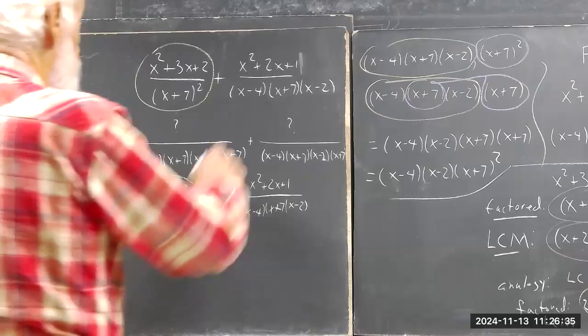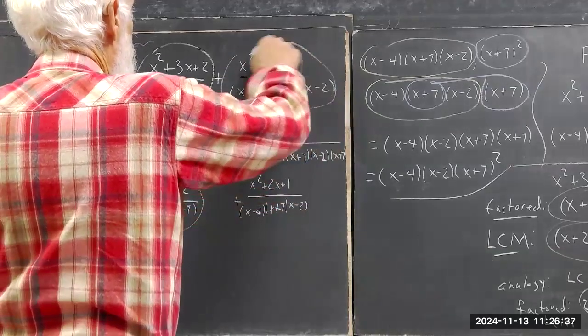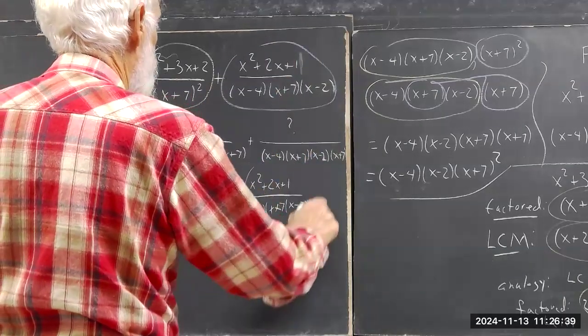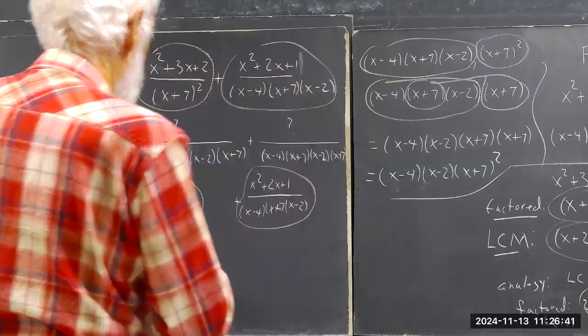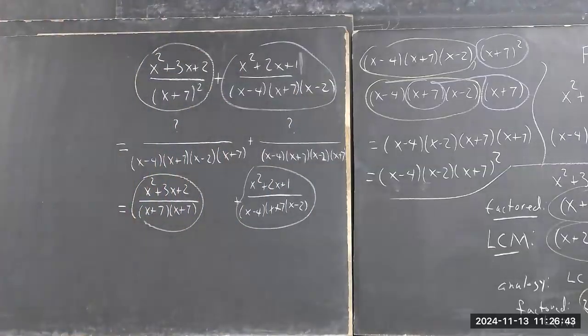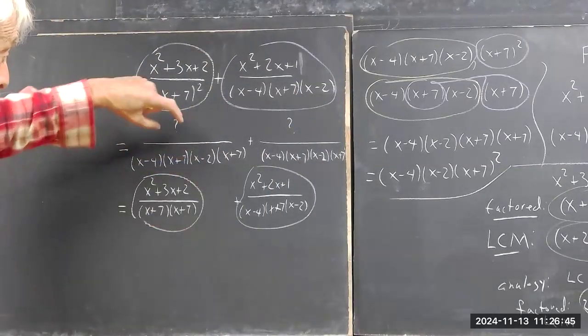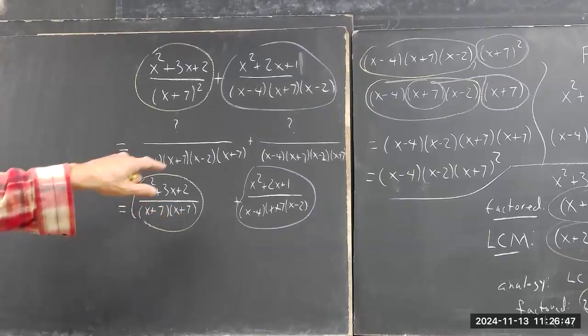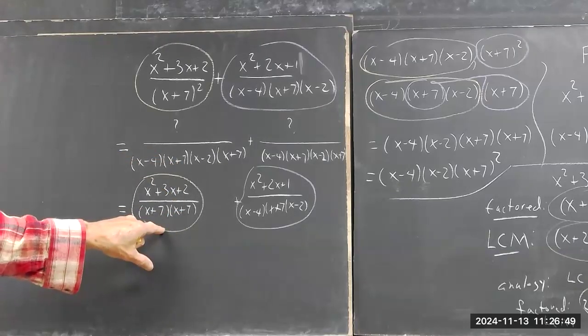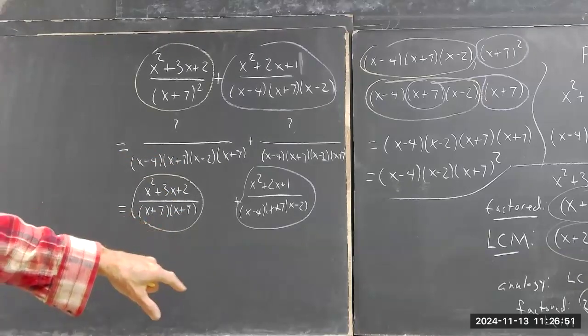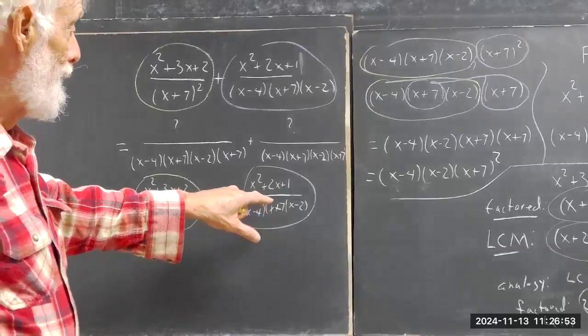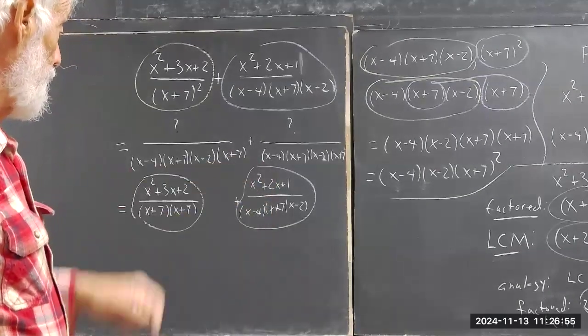And I'll circle this one in a different color, just to show that this is identical to this. Now, it's not in this form because this denominator lacks something, and this denominator lacks something.